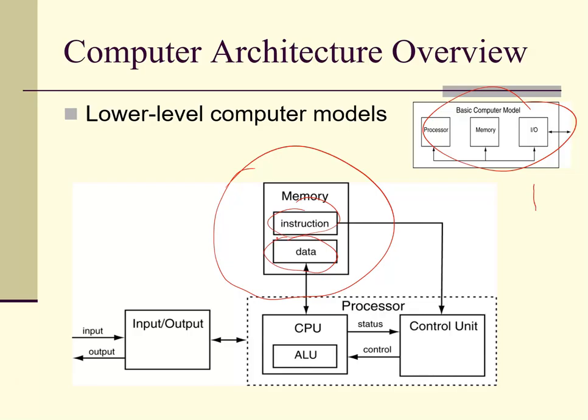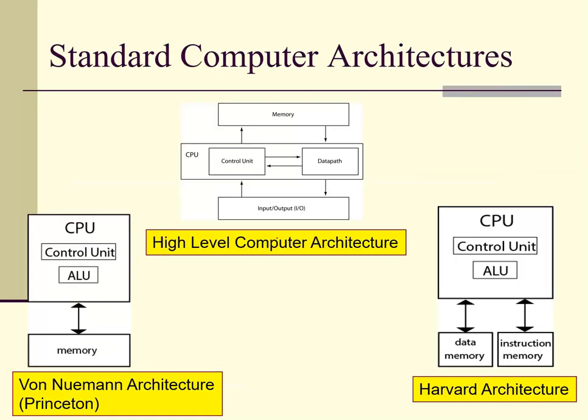This is actually an important thing that you need to know. If I'm using one memory for data and instructions, it's referred to as a von Neumann architecture, or also a Princeton architecture. If I'm using separate memories for data and instructions, it's referred to as a Harvard architecture.